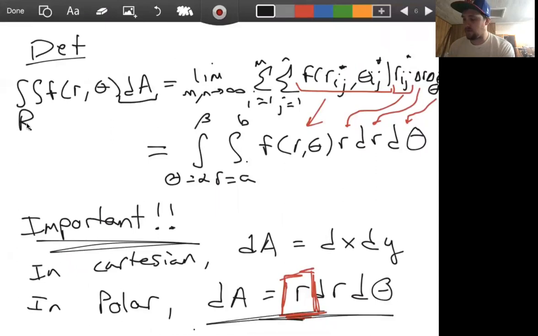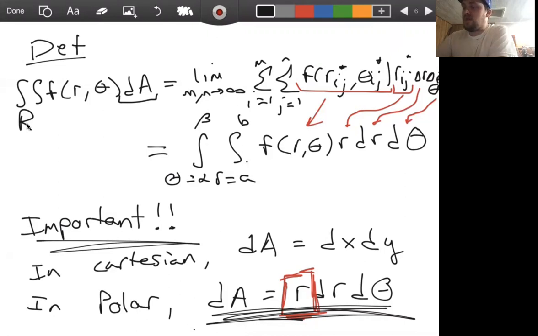And if we're converting from, say, an integral in rectangular coordinates that's a lot easier in polar coordinates, we convert to polar coordinates. Well, when we convert from dx dy, we've got to convert dx dy to r dr d theta. And so this gives us a nice definition of the double integral in polar coordinates.